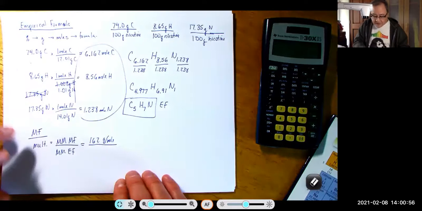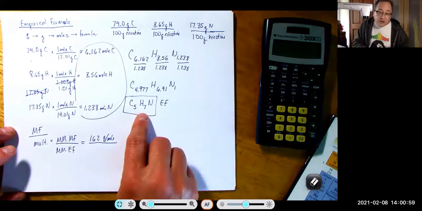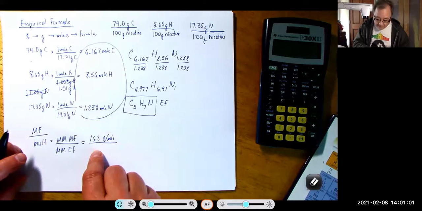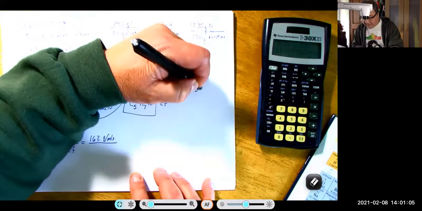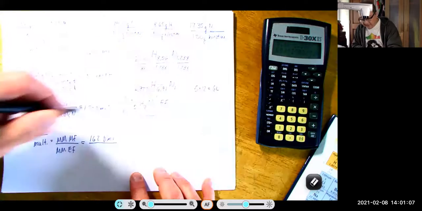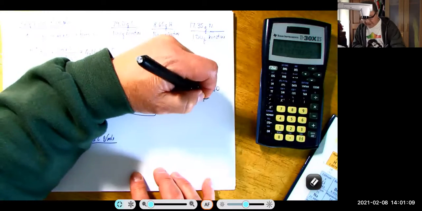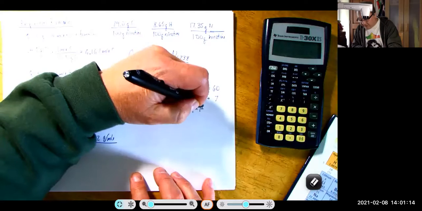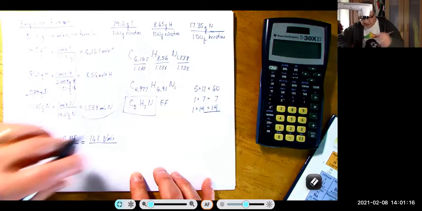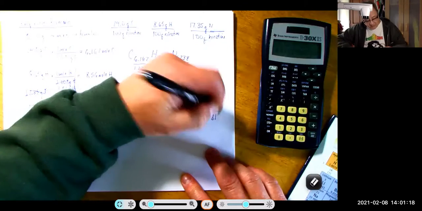Now, if this turns out to be pretty good, then chances are it'll add up to 81 because 81 will go into there 2 times. So let's see, 5 times 12 is 60. 1 times 7 is 7. And 1 times 14 is 14. And that adds up to, lo and behold, 81.